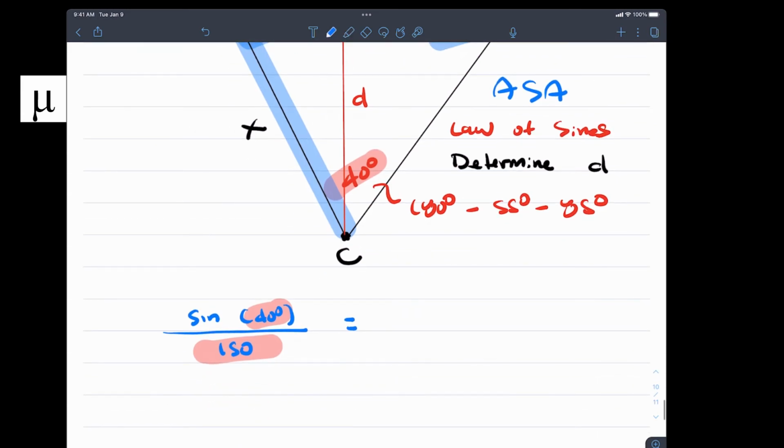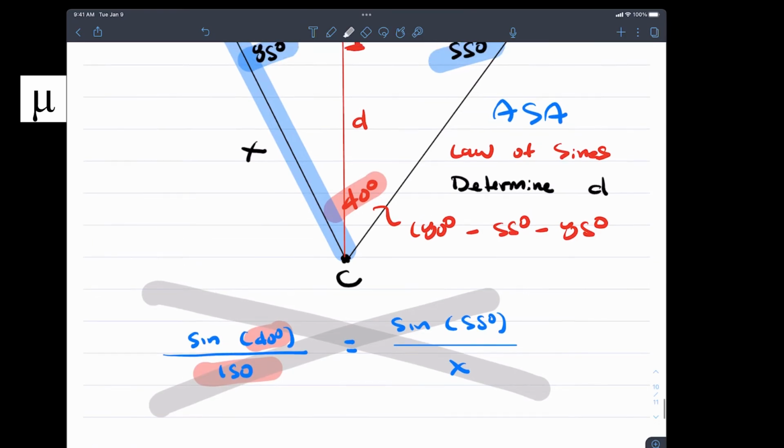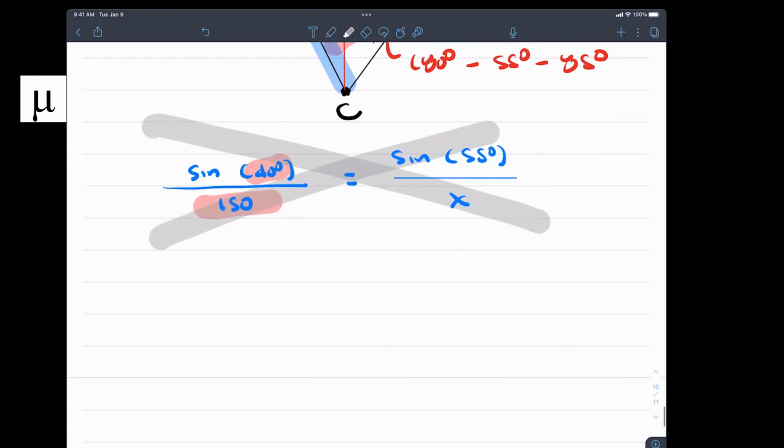Sine of 55 over X. Cross multiply. Is that right? So if we cross multiply, what do we get?